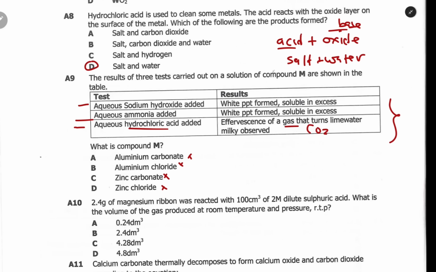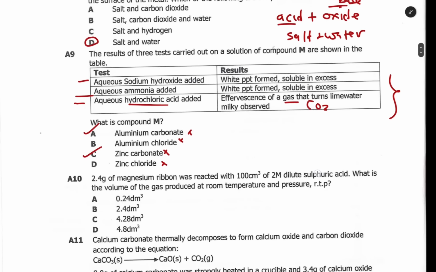This is carbon dioxide. So this can only be possible if an acid reacts with a metal carbonate. Which means B and D are not part of the answer. So you're going to check out only A or C. So which one is the answer?